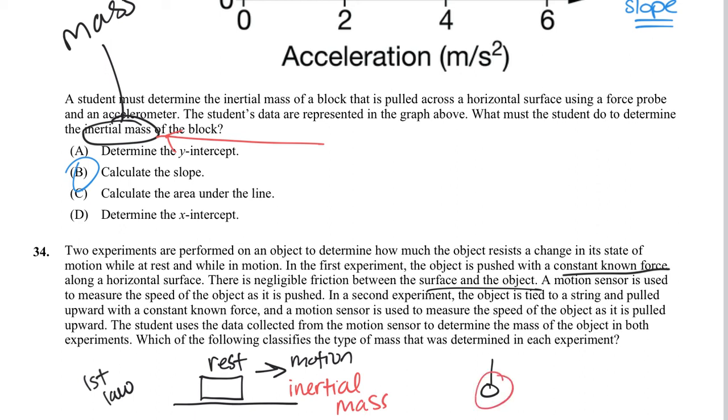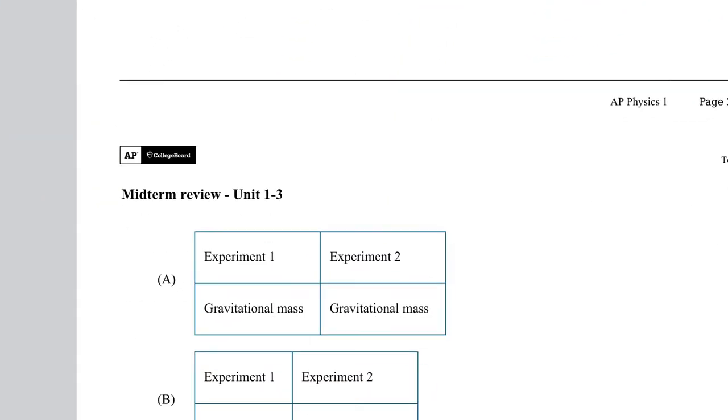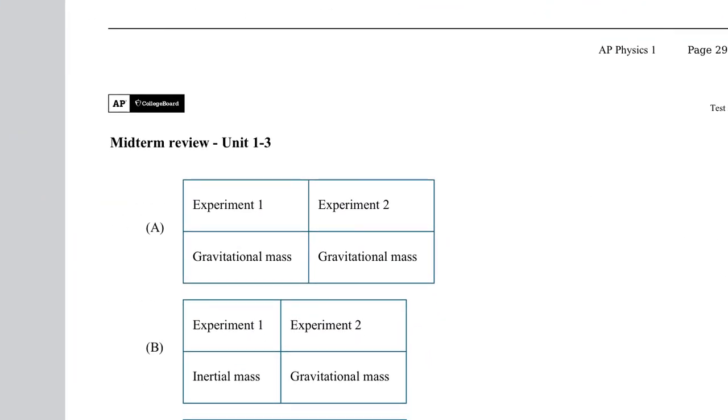And then this mass, the mass that is being pulled up and being affected by gravity, would be gravitational mass. Okay, so let's look at our answer choices. So that would be letter B.